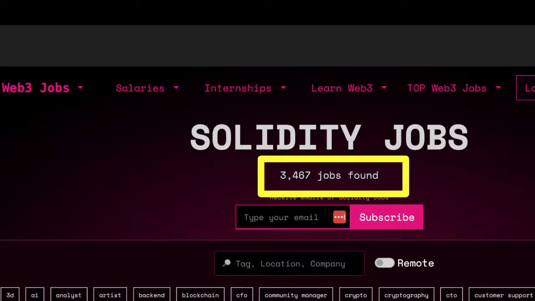This is what we call the hidden job market. So right now we can estimate that there are probably 10,000 Solidity jobs, and this is before the bull market. When the bull market starts, this number might be multiplied by 10. So we might be talking about 100,000 Solidity jobs. So yes, there are a lot of Solidity jobs, and this is only going to get better.